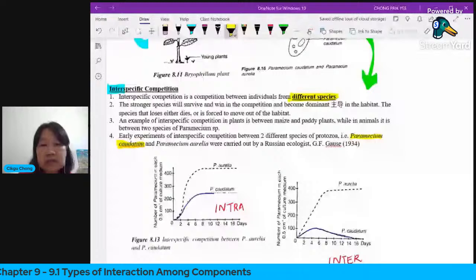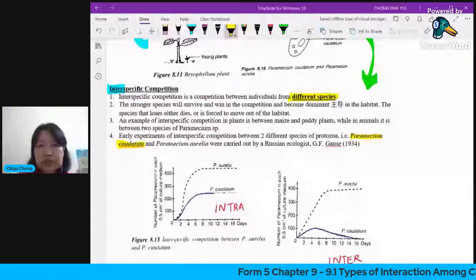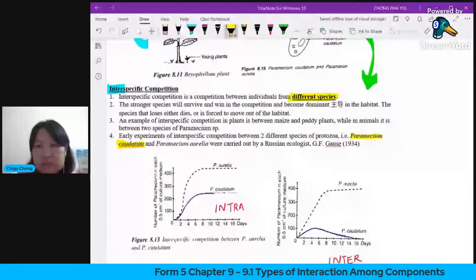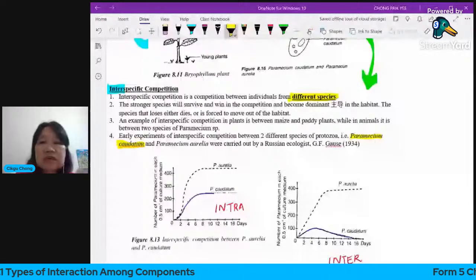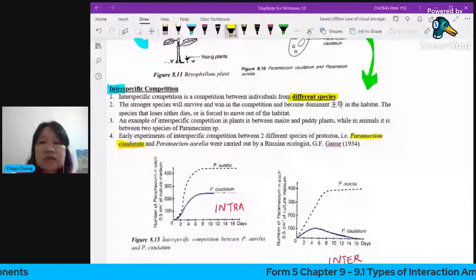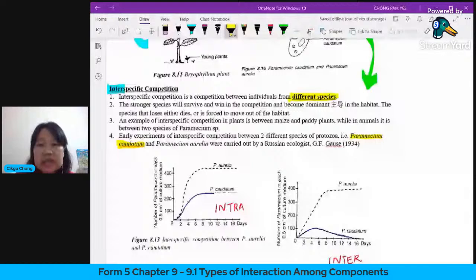Okay, so now you will find that one species looks like it's winning, the other species is losing. So you see that it has an effect. So this is the species that is more dominant, is able to overcome the other population, is able to thrive. So they consider it a win already. Okay, so the Paramecium caudatum has lost the competition.